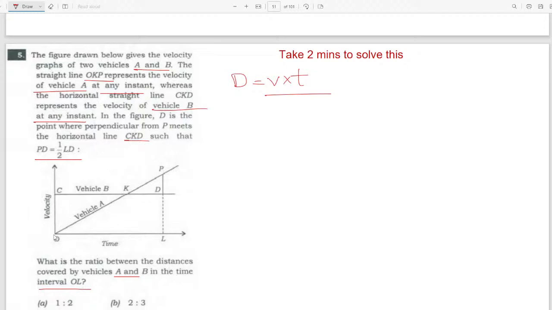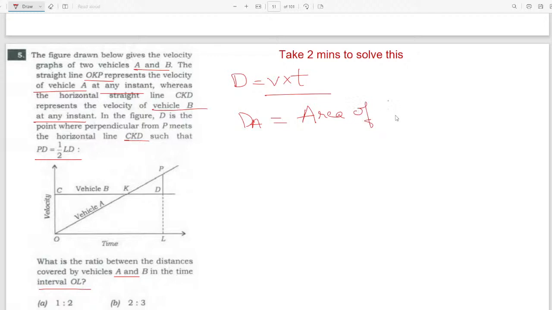For example, the distance traveled by A would be the area covered by O, P and L in this graph.